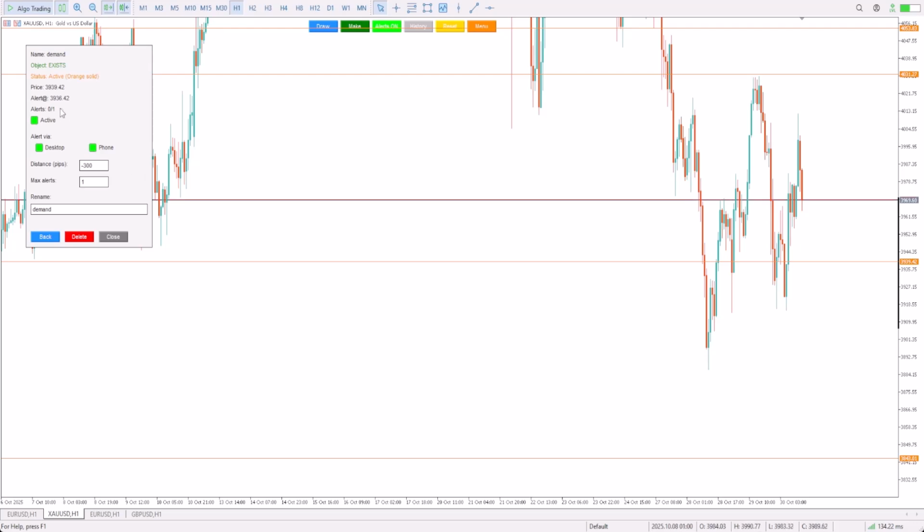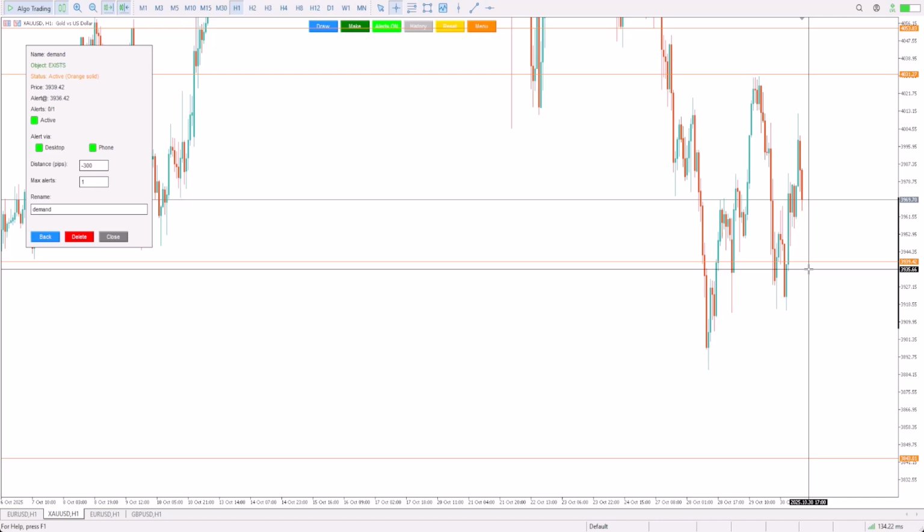So you see it's on 39, but it will activate on 3936, lower, right here upon passing. Why will it notify you?